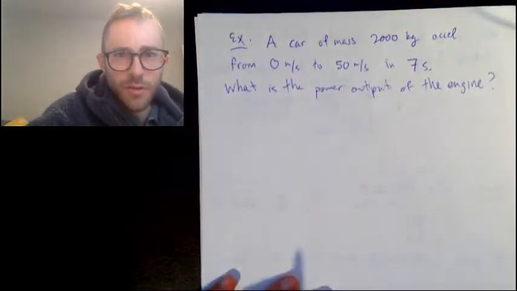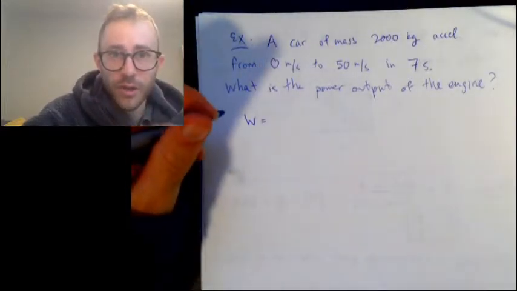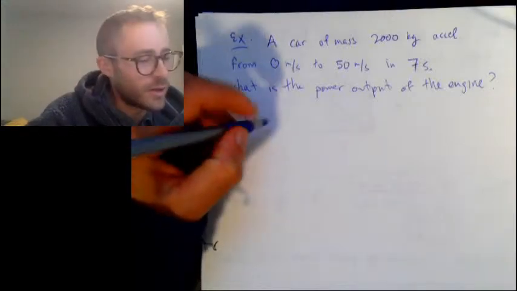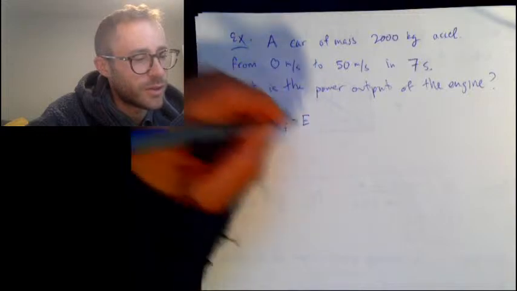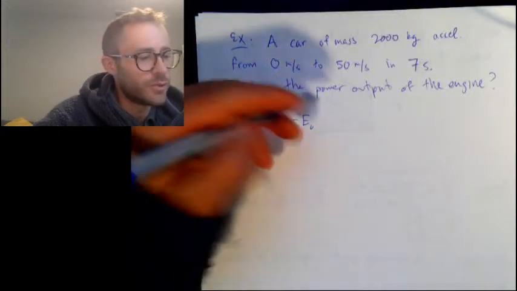So to figure out the work that the engine does, we are going to use the work equals change in energy formula. Okay. So we know that the work done is going to equal the final energy minus the initial energy. So the car starts at rest, so it starts out with 0 joules of energy.